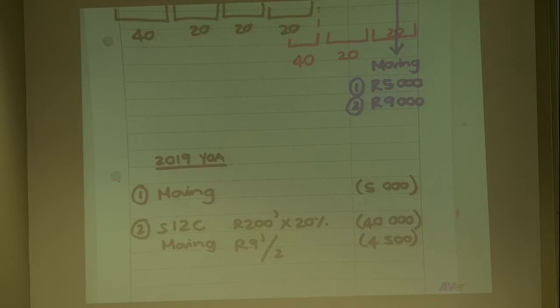It doesn't matter if they're new, if they're unused. If you're using them in your trade, you can claim them under 12 Cap C, and it is a straight 20%. No apportionment. And you'll see that there's no accelerated wear and tear. There's nothing about a 40% that we can use. It is a straight 20% per year.